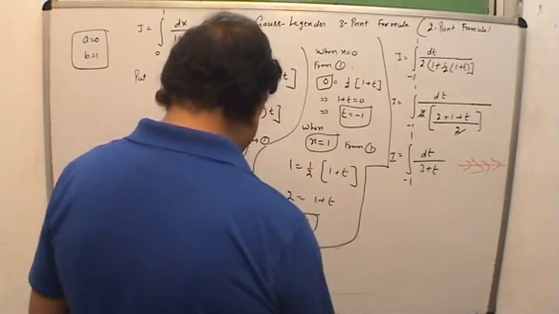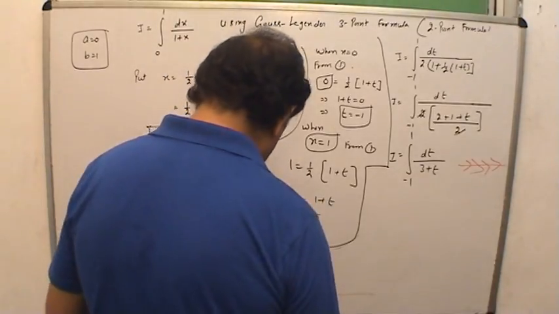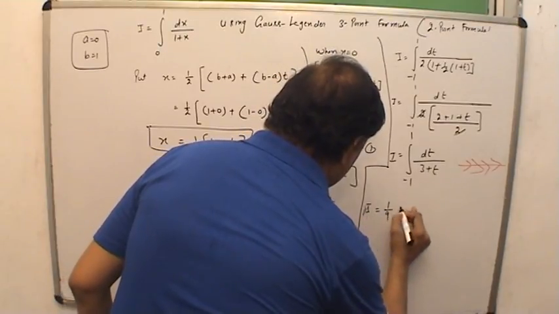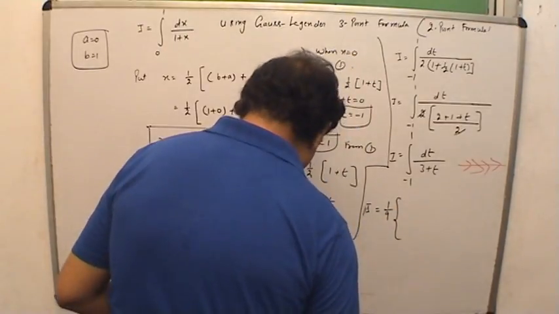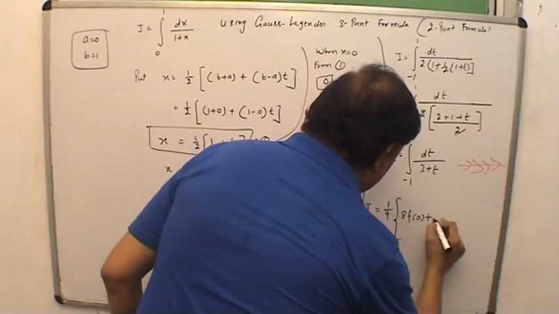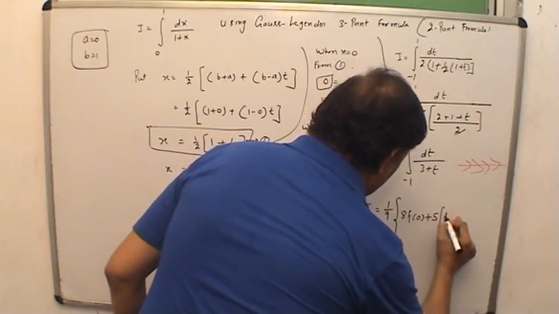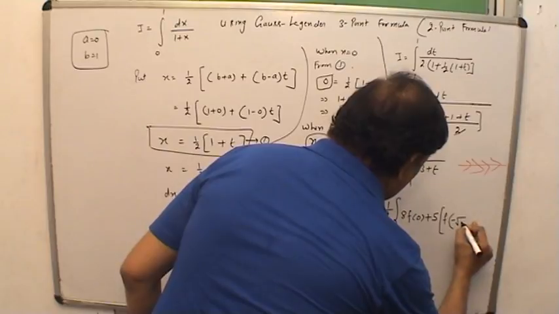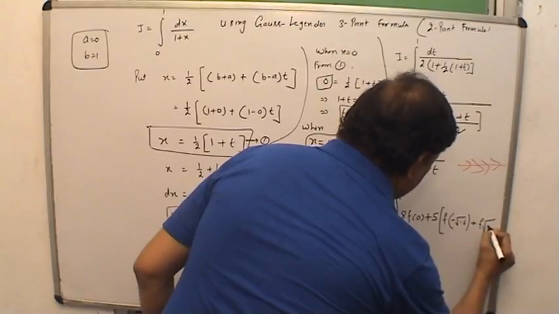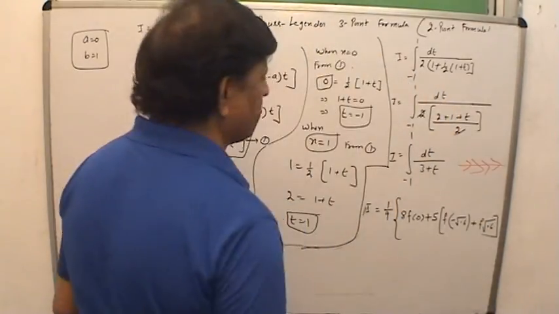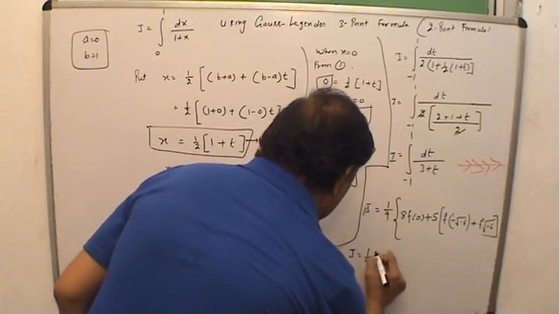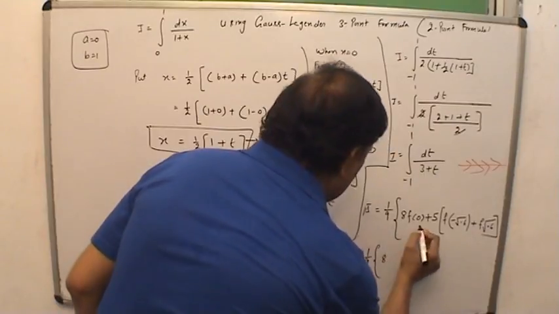that is, I is equal to 1 by 9, 8 times f of 0, we will calculate it, plus 5 times f of minus under root 0.6 plus f of plus under root 0.6, that is equal to 1 by 9 into 8 times f of 0.